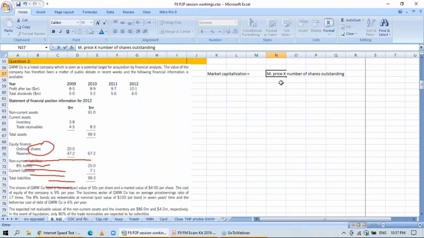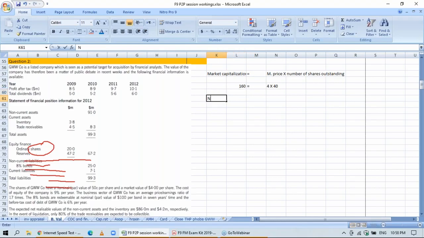So the market price of this share is $4. So $4 is the market price, and we need to multiply it by the number of shares. So the number of shares outstanding are 40 million shares. So it's 40 into 4, 160 million.